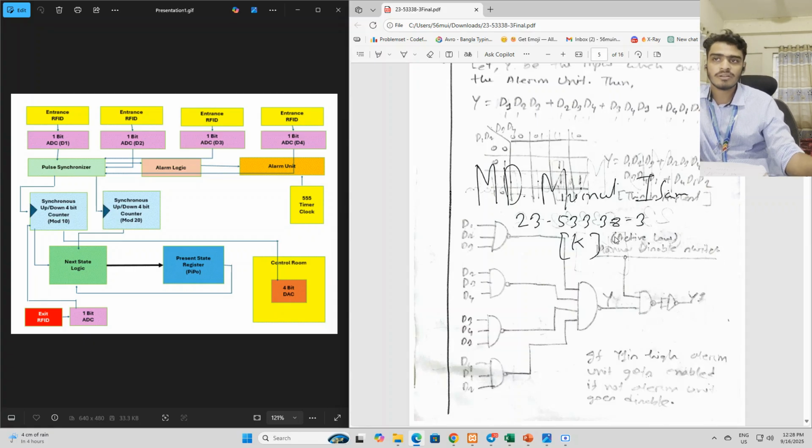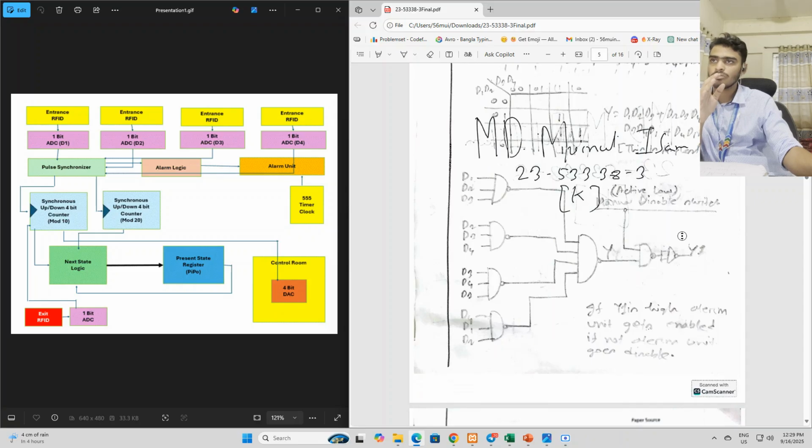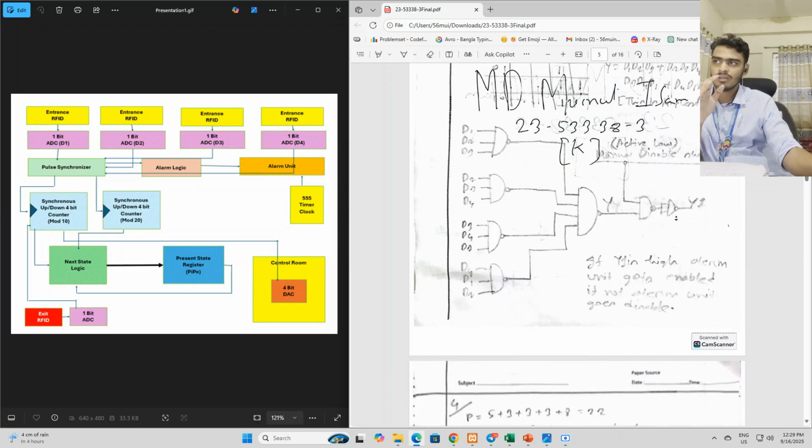If you press this button, the whole alarm should turn off. Remember, this is an active low button, so that's why I connected it with an AND gate. Sorry, I designed it with a NAND gate. So that goes our alarm logic unit.